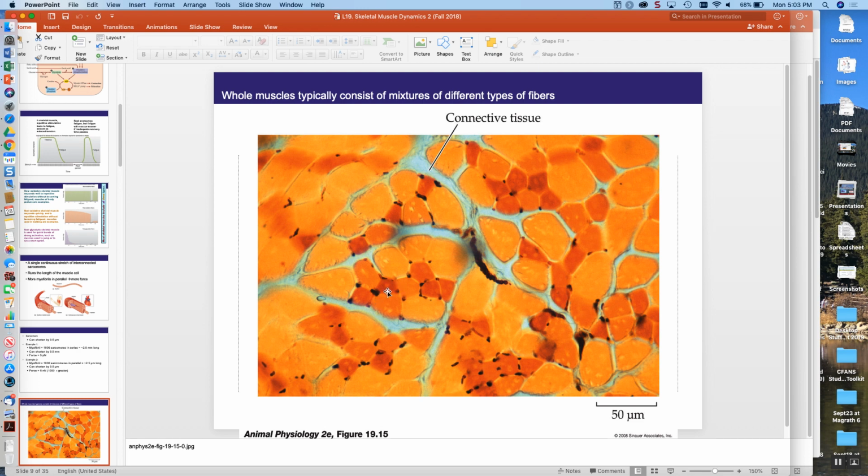The red cells right here, this is a cross section. The red muscle fibers are rich in myoglobin, that's why they're red. Myoglobin is a molecule that stores oxygen within the muscle cell. So, rich in oxygen. You can see these black dots are capillaries, so it's rich in blood supply as well.